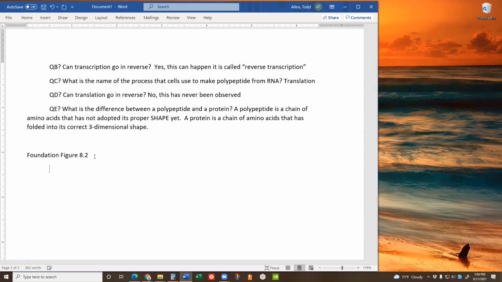Okay. So expression. Expression is when the genetic material is being used as a template to make something else. That's expression.